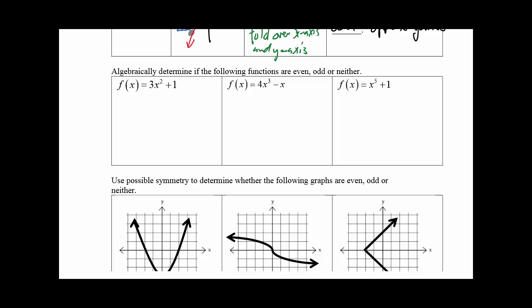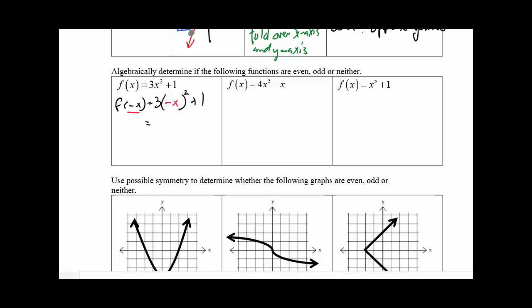All right, so the question then is, if I give you an equation, how does one tell whether it's even or odd? Or none of the above, actually. And it goes back to that negative x. So if I take f of x and replace the x with negative x. So let's do that. Okay, so 3 something squared plus 1. I want to fill the hole with negative x.